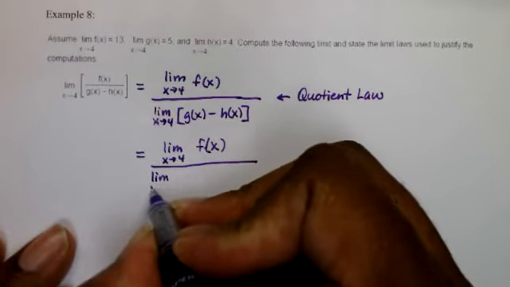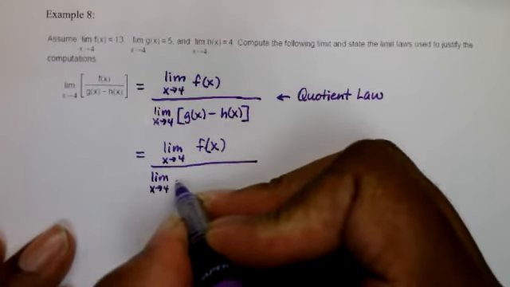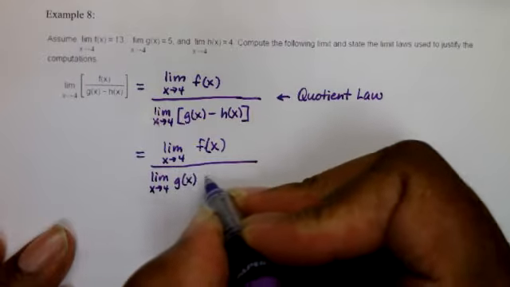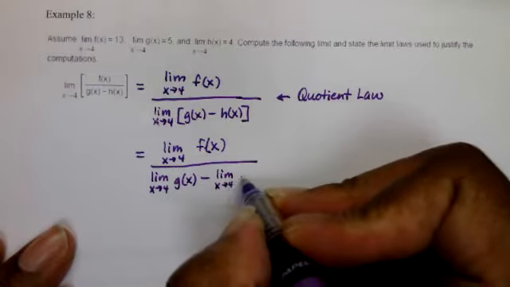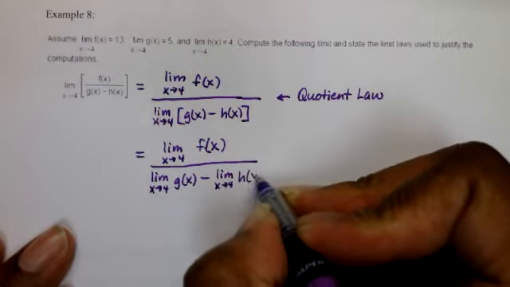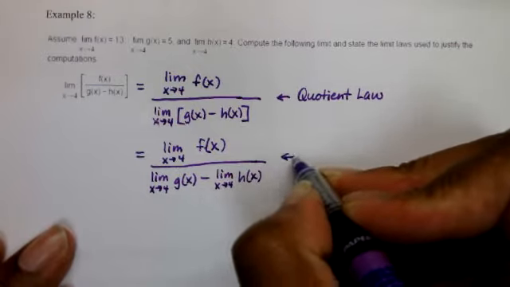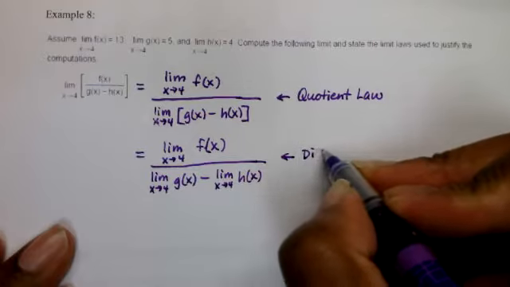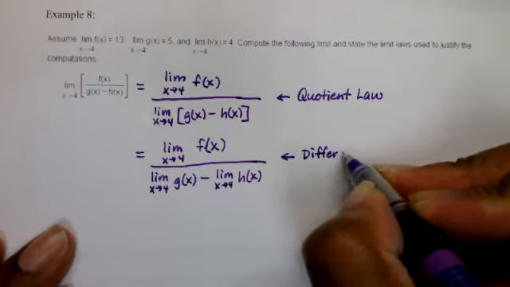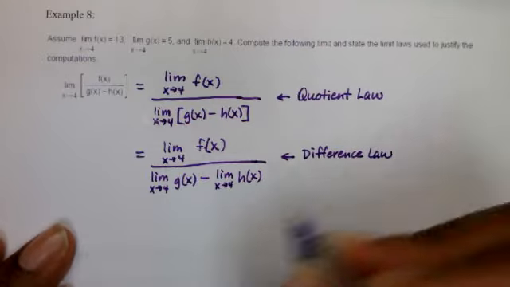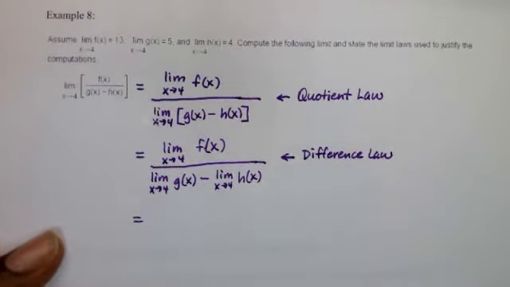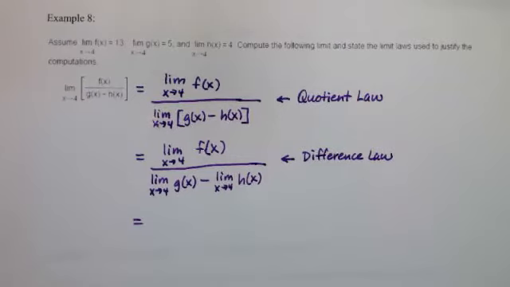So it'll be the limit as x approaches 4 of g of x minus the limit as x approaches 4 of h of x. Now this is where we're using the difference law.